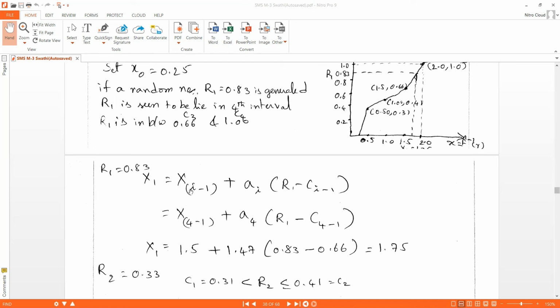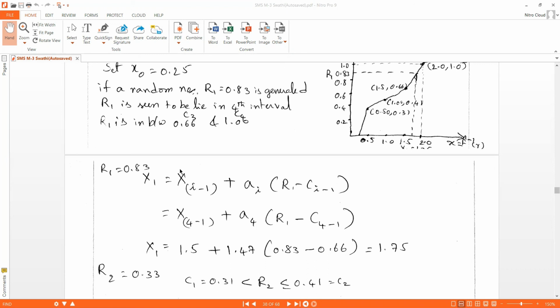So x(4 minus 1) is x3, plus a4 into R1 minus c(i minus 1).